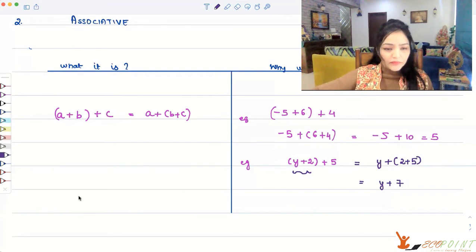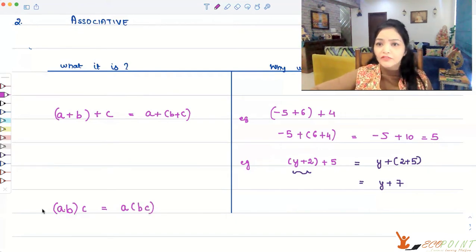Similarly, let's take the case of multiplication. As far as the operation multiplication is concerned, yes, the real numbers are associative in nature. Which basically means that if I first multiply A and B and then multiply it by C, it's going to be the same as multiplying A to B times C. It's going to be the same. So what is happening here is that you can rearrange factors, just like you were doing in commutativity also.